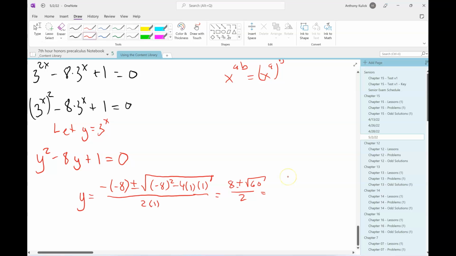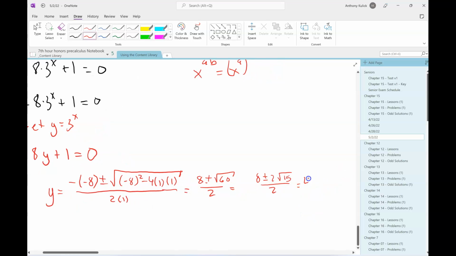Because the square root of 60 would then be the square root of 4 times the square root of 15. Just simplifying. 60 is 4 times 15. Square root of 60, square root of 4 times square root of 15. Square root of 4 is 2. And so I could reduce that then to just be 4 plus or minus square root 15.